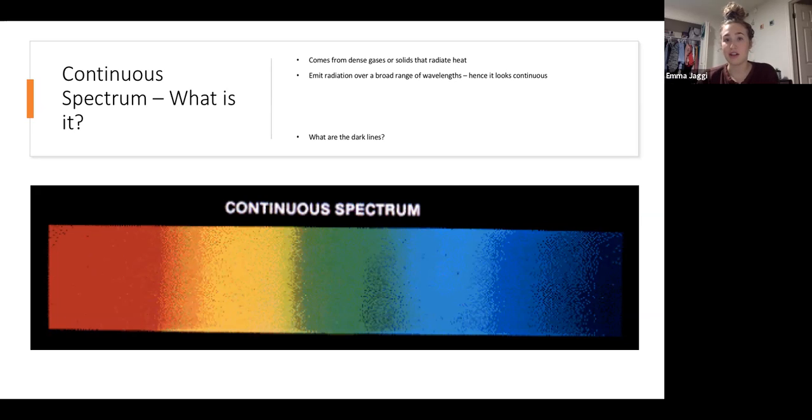They emit radiation over a broad range of wavelengths, like it says, and so it looks continuous. And spectrums appear in colors. You can see in the photo, it's red, orange, yellow, green, blue, and violet, because those are the visible light colors.